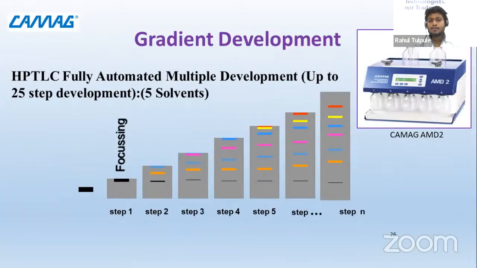Here you can use different mobile phases according to their polarity and according to the analytes which are present in the sample. You can use nearly 5 solvents to separate your band of interest or analyte according to the polarity.